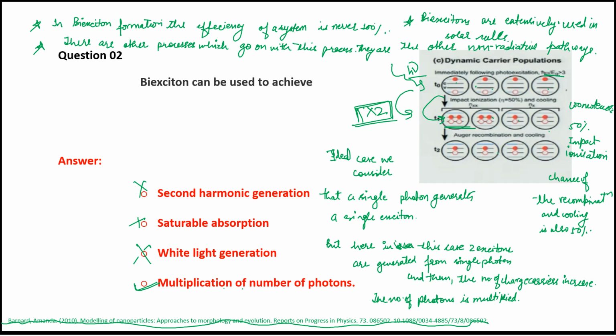The bi-exciton then recombines by Auger recombination, and the cooling happens. Okay. Now this is question number 2. Now the next one would be question number 3.